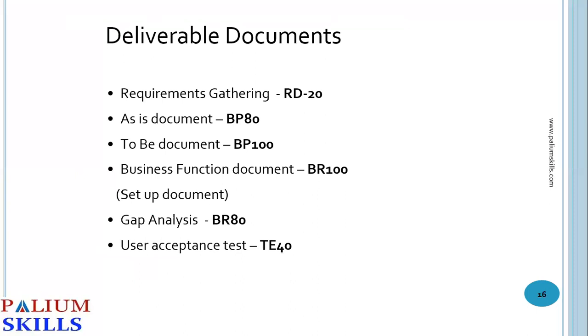So they might cut down on the number of documents and have some bare documents created. Sometimes the requirement document, as-is document, to-be document, and gap analysis are all merged together in one single document. There could be 3 or 4 columns, and you just register them, describe each requirement, and have the corresponding mapping done.